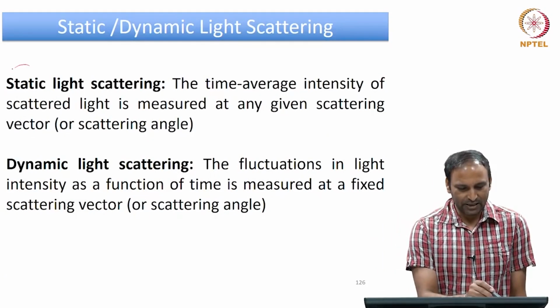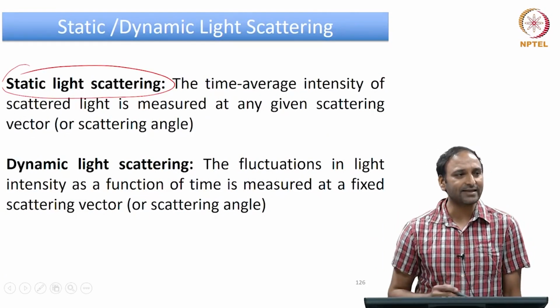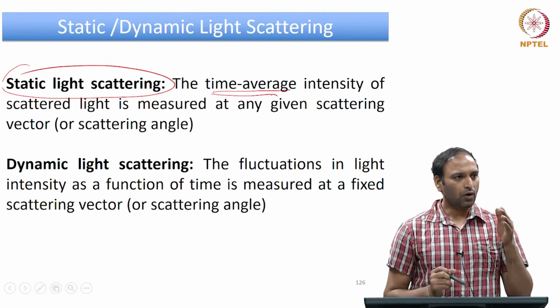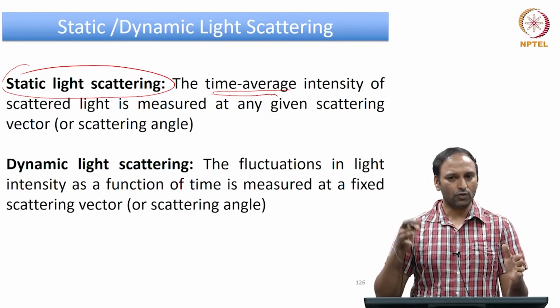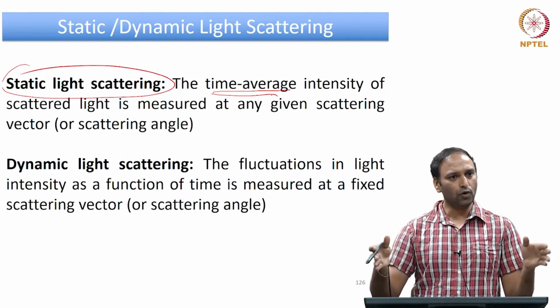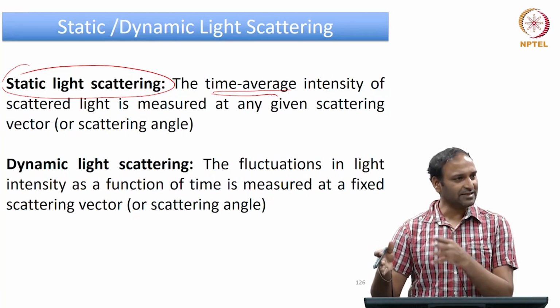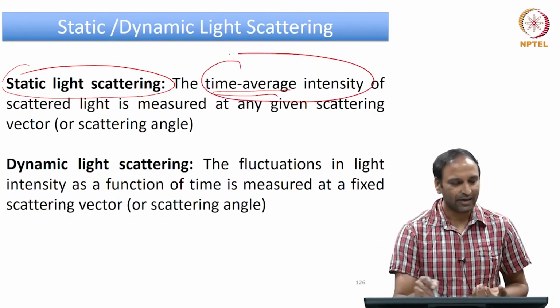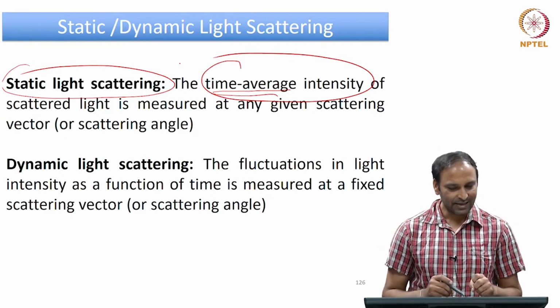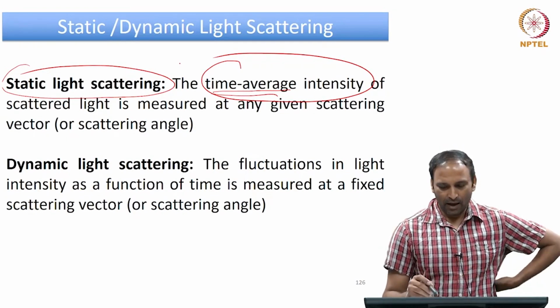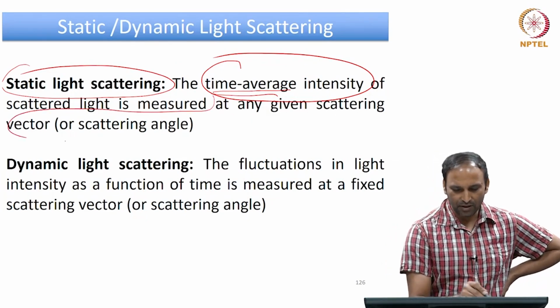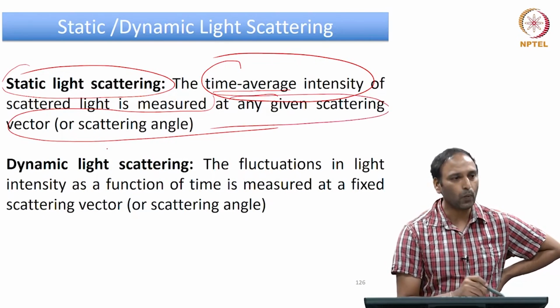So, typically people do two kinds of scattering experiments, what is called static light scattering, in which you have a sample, you have a detector, and you go on accumulating intensity as a function of time, and what you get out of the measurement is a time average scattered intensity. There is a term here called the scattering vector.